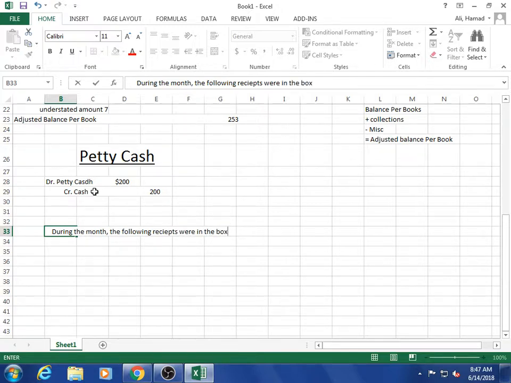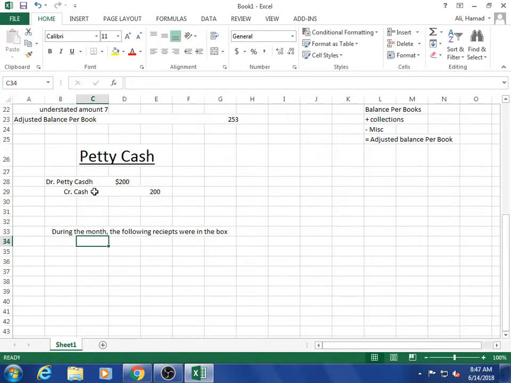Let's say that you put these in the box. So you have postage stamps for $20. You have a receipt for a business dinner for $50.